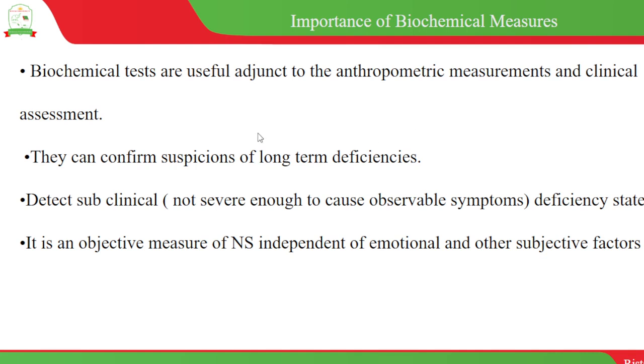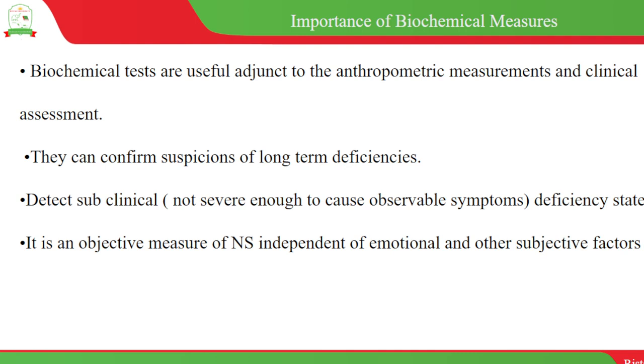So we use this in regards to your clinical and anthropometric assessment, because you cannot conclude that you need to do a biochemical assessment when you don't really suspect anything. So first you need to do the anthropometry, maybe some clinical assessment and dietary assessment especially, and then you can say I suspect this person is deficient of a particular nutrient, and then the biochemical assessment will give you a conclusion about it.